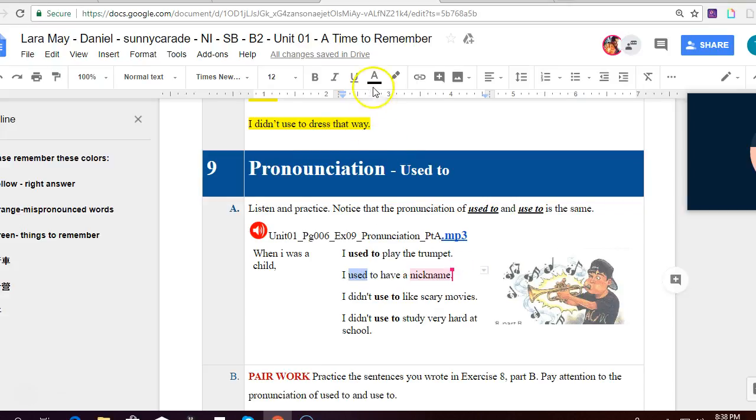Yes. Okay, good. So, third sentence says, can you please read? When I was a child, I didn't used to like scary movies. Okay. Do you like scary movie, Danielle?